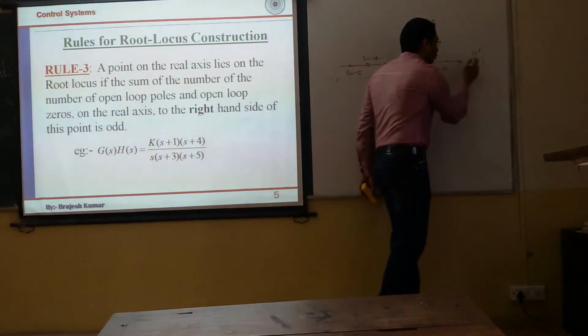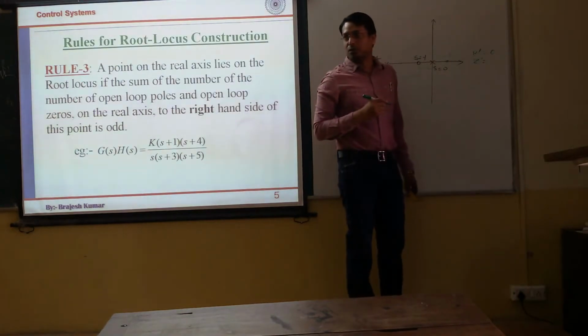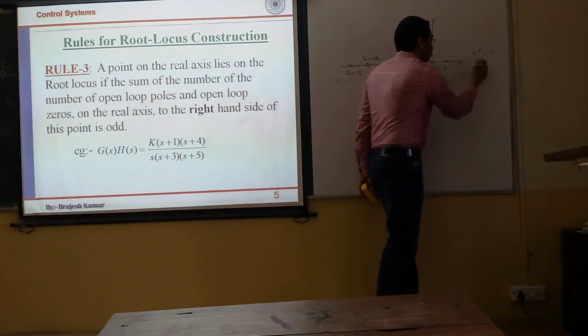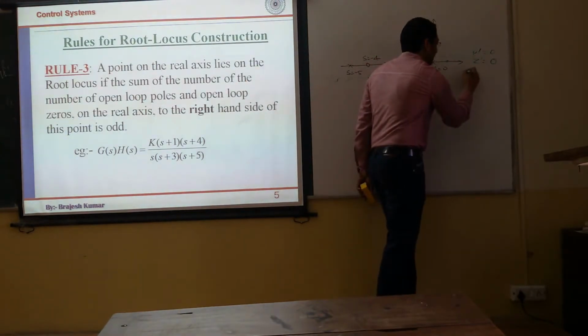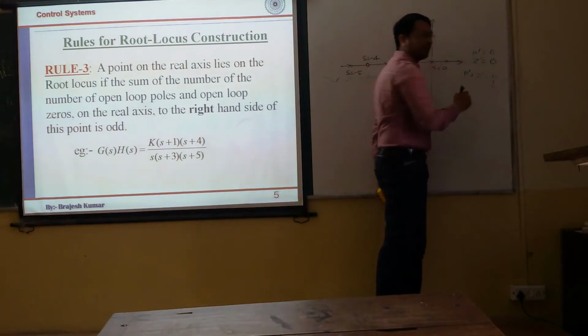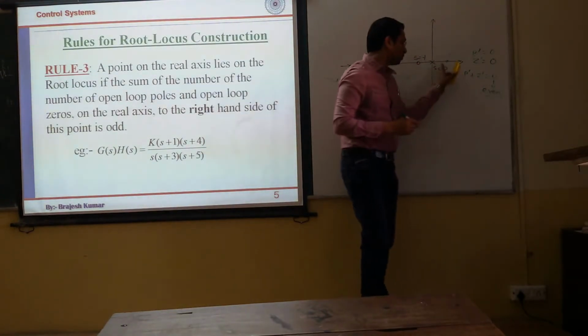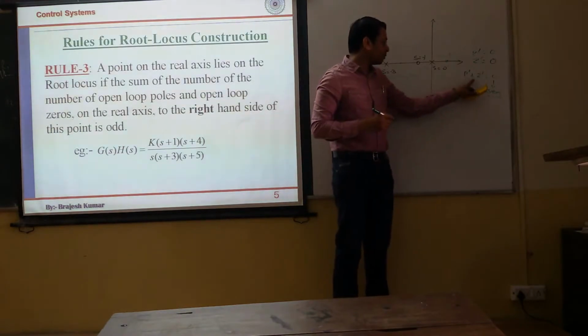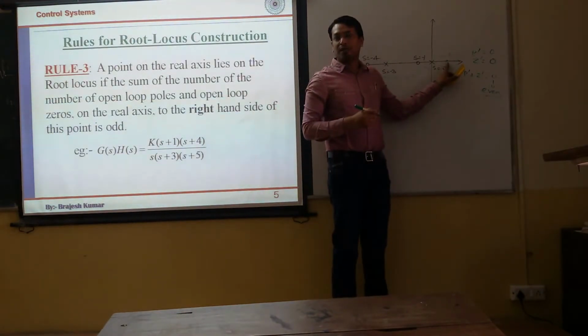Of course there is no pole to the right of the point, so P dash is equal to 0, and there is no zero also, so Z dash is equal to 0. So P dash plus Z dash is equal to 0, we are not interested in the number itself, we will say it is even. So if P dash plus Z dash is odd, that part will be the part of the root locus.